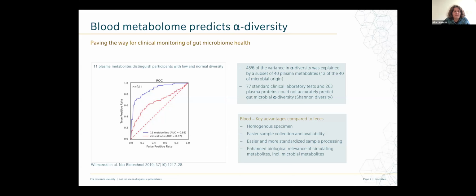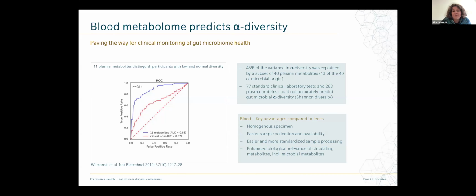It's complex to sample, you have to homogenize often, and it's difficult to have a standardized sampling method. And there are lots of people working on devices that help with this, but it's still difficult to have a workflow that allows to have a standardized way of sampling, so that when you go and quantify the metabolites, you have results that are comparable.